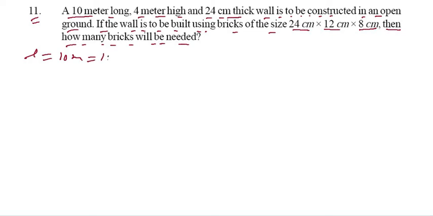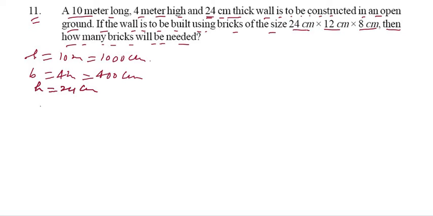It will be converted into centimeters. So 10 times 100, that is 1000 centimeter. Now breadth is given as 4 meter. It will also be changed into centimeters. So that is 400 centimeter. And H is given as 24 centimeter.